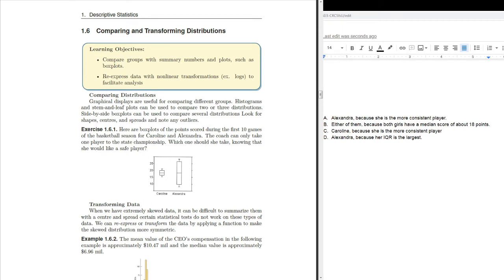Let's first describe their distributions and look for similarities and differences. We see that the medians, which are the line inside of the box plots, are both at 18 points. So they both have the same center, which is the median.